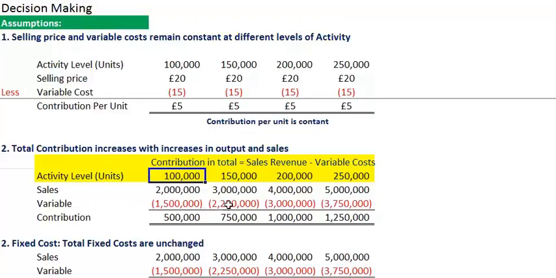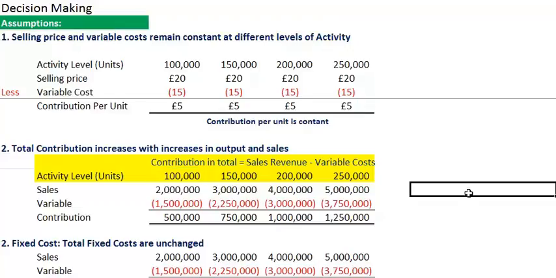When you deduct variable cost from sales revenue, you get total contribution of 750,000, and the difference in total contribution between 150,000 level of activity and 100,000 activity is 250,000. You can see total contribution increased due to the increase in level of activity.